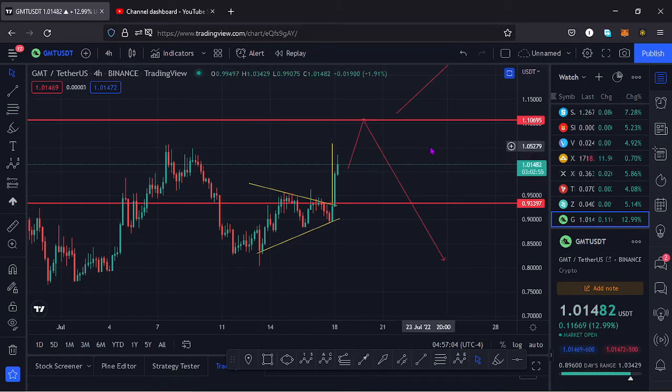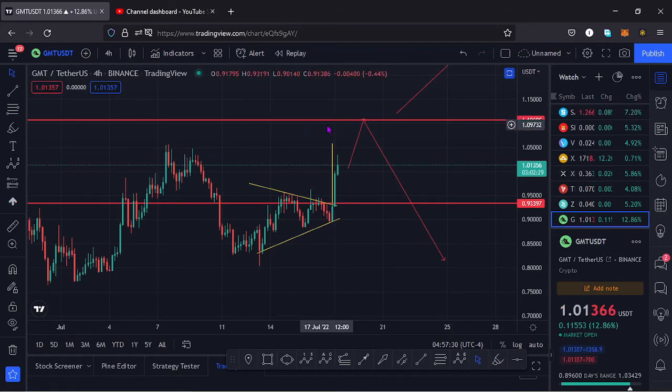So it's possible that we continue pushing to the upper side to around the $1.06 mark, and if that happens and maybe we make a high at around the $1.06 mark, it would be possible that we might continue pushing to the upper side to around the $1.1 mark, where we have our next key area of resistance.